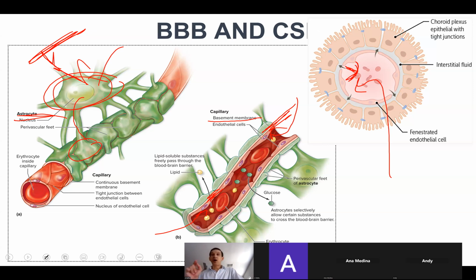And so material in the blood can actually squeeze through. And not only that, there is something else. Instead of astrocytes, we don't have astrocytes in the choroid plexus. Look at this. These are astrocytic processes. They're very, very tightly bonded to each other. Here we have another cell type, and we call them ependymal cells.